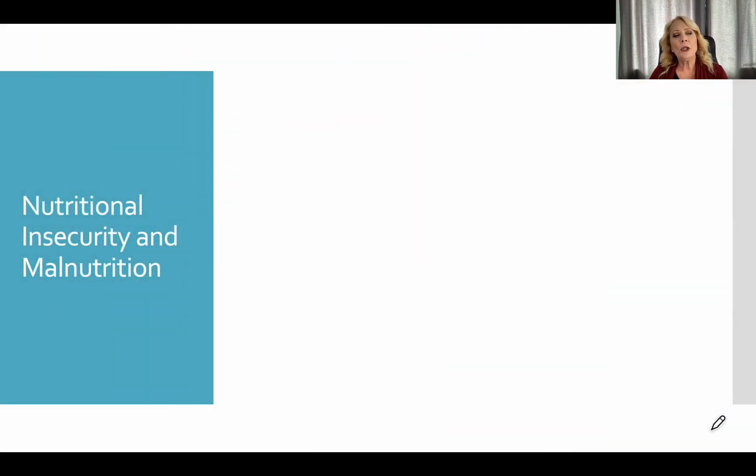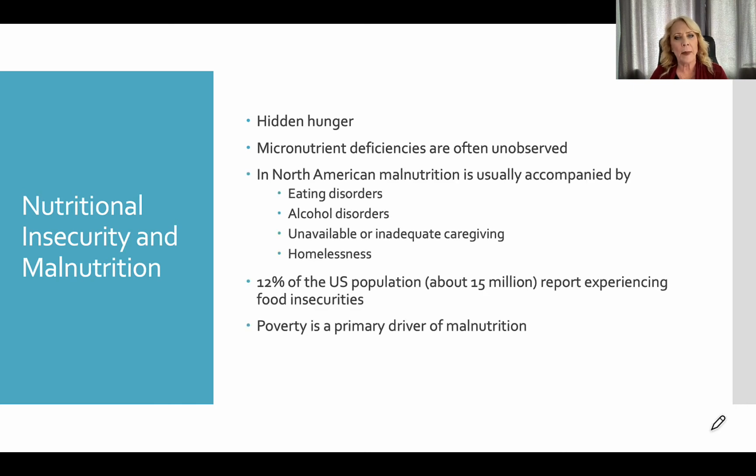So nutritional insecurity and malnutrition, we can have something referred to as hidden hunger. And this is where a couple of things occur. One, you have micronutrient deficiencies. And of course, we've talked about these micronutrients. These are our vitamins and our minerals. And of course, it's hard to tell if somebody's not getting enough vitamins and minerals on a daily basis.